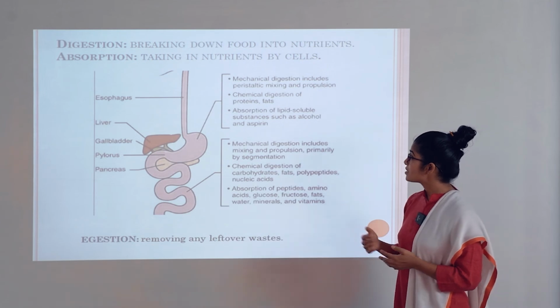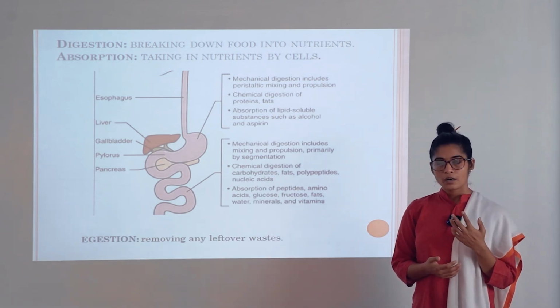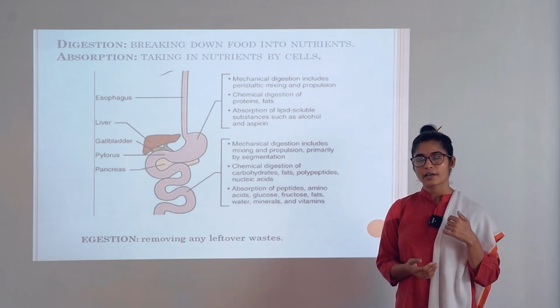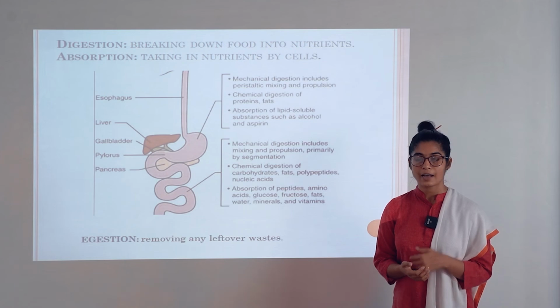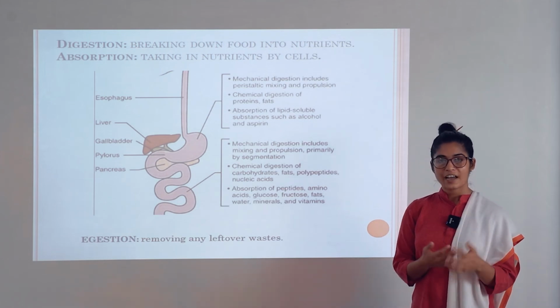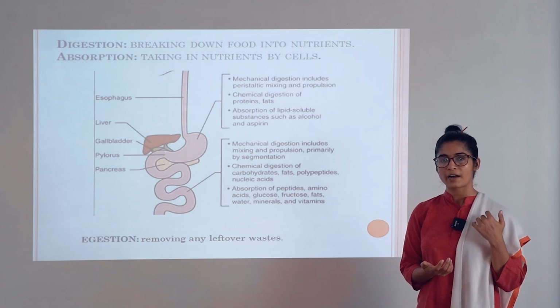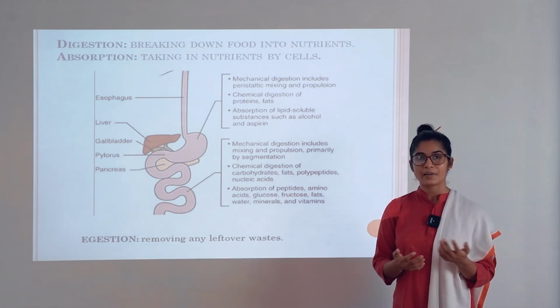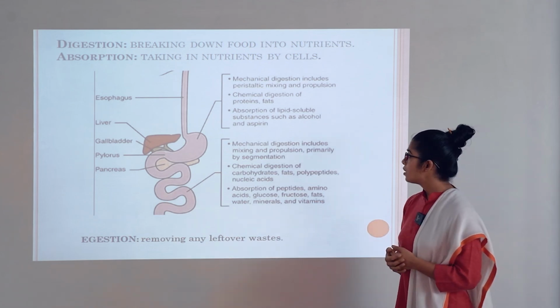So we see that in the process of digestion and absorption, our mouth, teeth, esophagus, stomach and small intestine handle the digestion of the different macronutrients or macromolecules, then absorption happens in the small intestine and a bit in the stomach also.